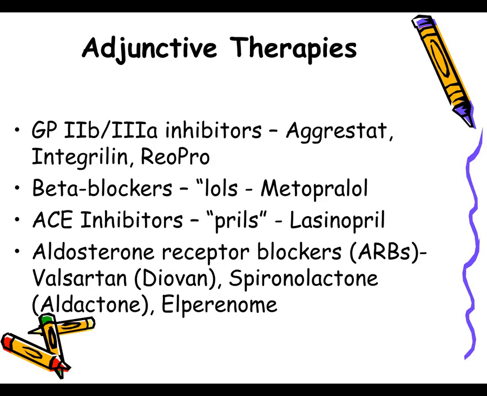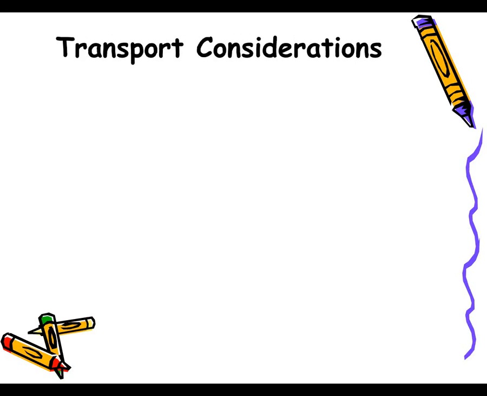ACE inhibitors or your -prils, lisinopril is a good example of that. Angiotensin receptor blockers, or ARBs, would be valsartan. That's probably the most common one. And these drugs help the heart work better. They lower blood pressure, they decrease heart rate, those sort of things.